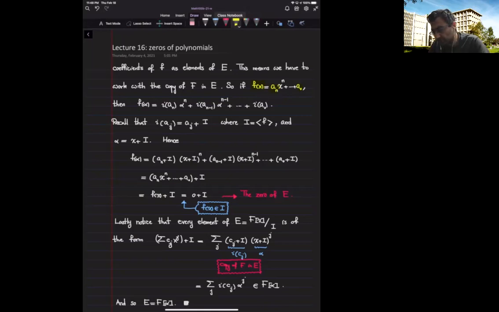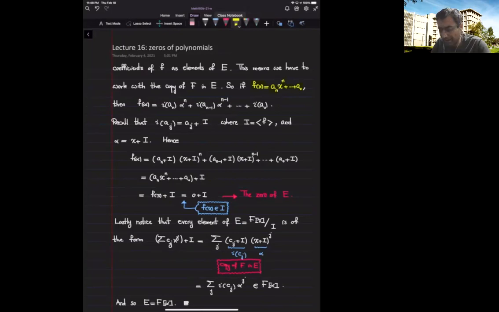So these coefficients belong to the field F. Now, in order to work with elements inside E, I need to view these coefficients as elements inside E. This means I need to work with a copy of F inside E.